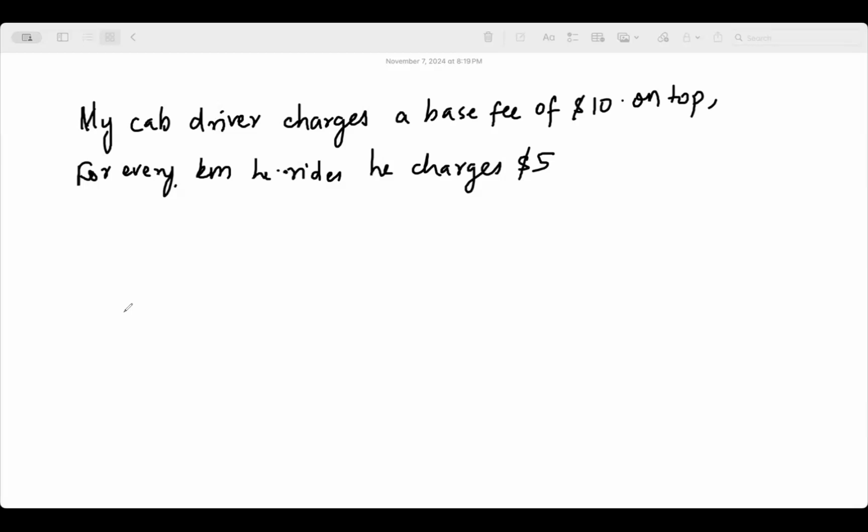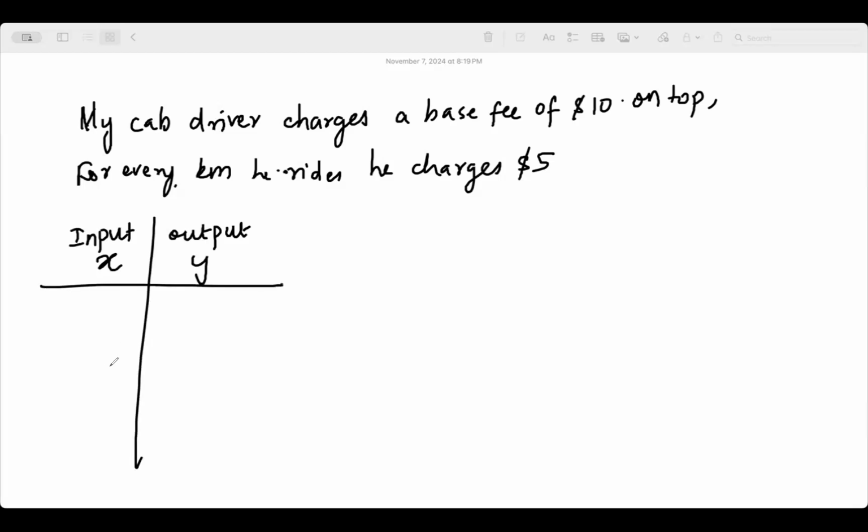Now, if I have an input-output table, you remember in 4th grade we studied the input-output table, right? We used to form a table. How do I write it? Can one of you tell me? This is the kilometers I ride. This is the money I pay. What will be the relation?